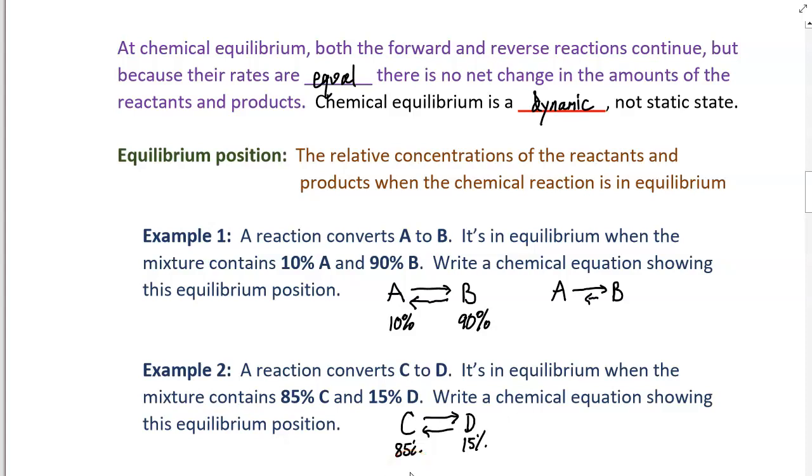This notation says there's a chemical reaction that is reversible. Substance C is changing into substance D, while at the same time, substance D is changing into substance C. At equilibrium, however, there is more of substance C than substance D. An alternative way to show this is to use arrows that are not the same length.